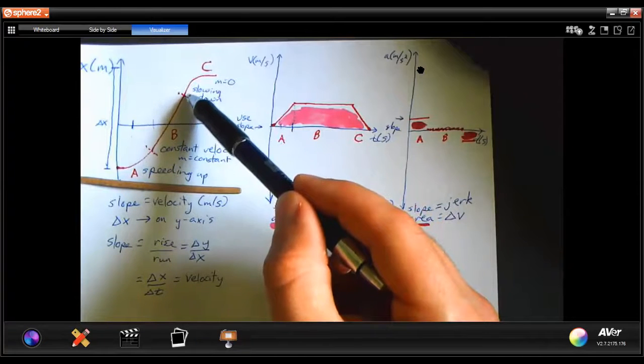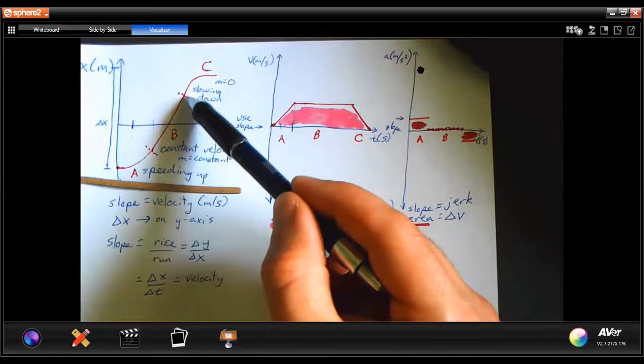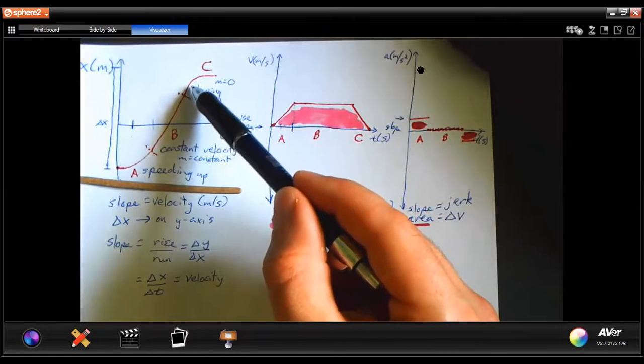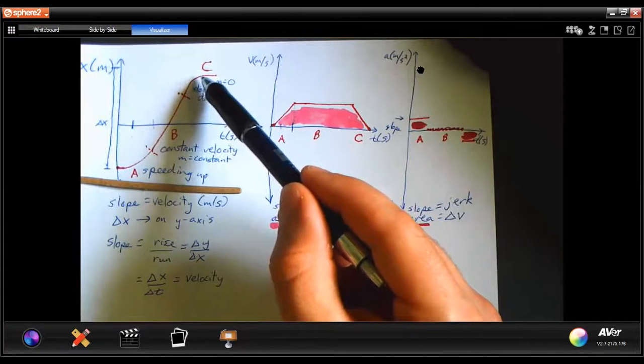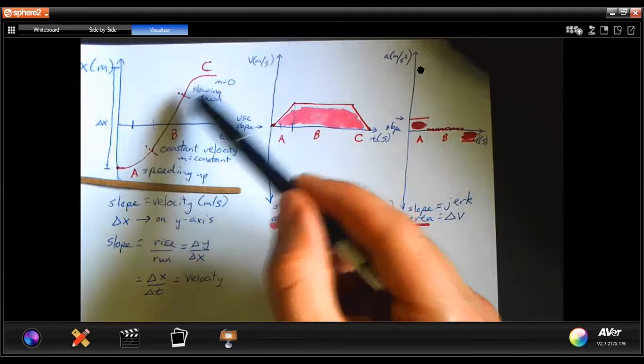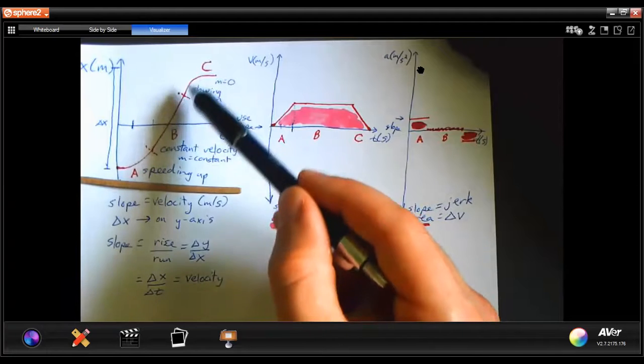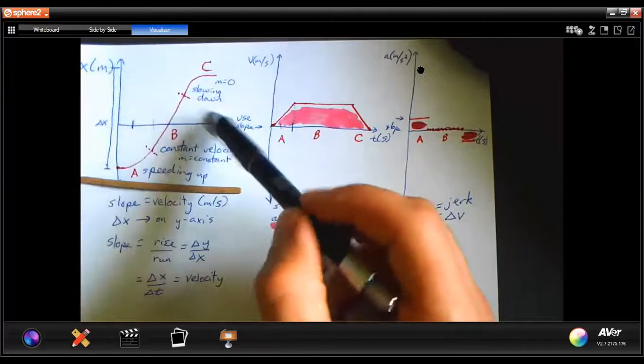So because of that, you have to slow down. So your slope would go from 25 to 20, 15, 5, 0, where you're stopped. And that's generally what's being shown here. Remember, slope is always velocity on a position time graph.